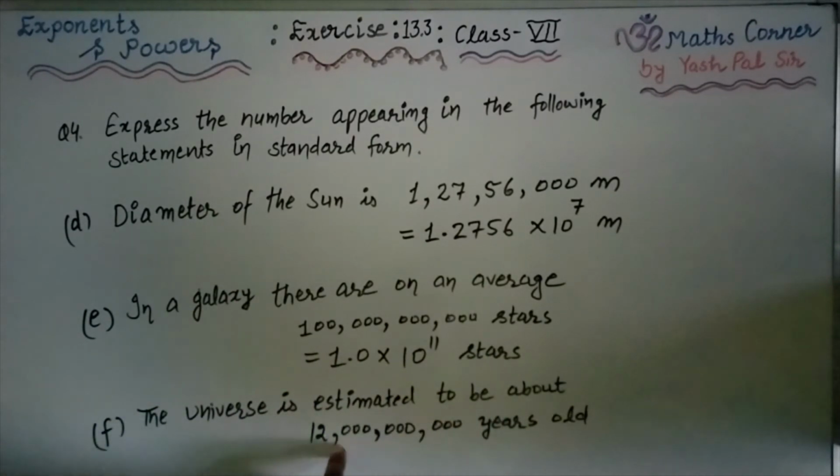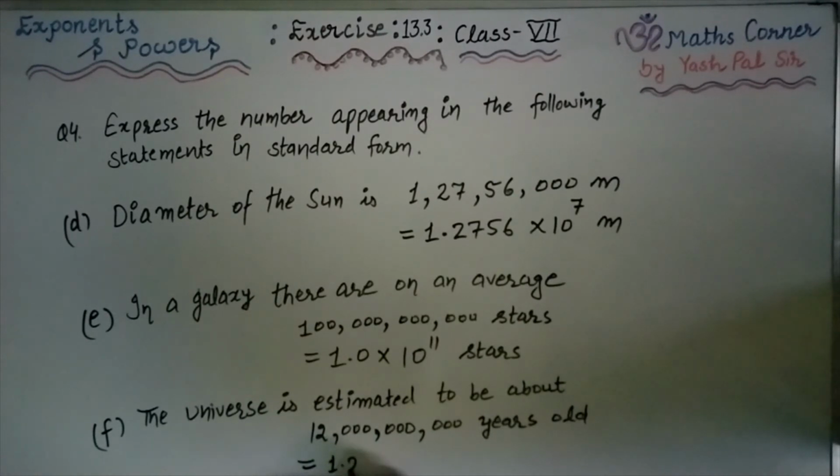F part, the universe is estimated to be about 12 this much, these 000 years old. So what we can write in this number, this large number, in standard form, 1.2 into 10 raised to power.